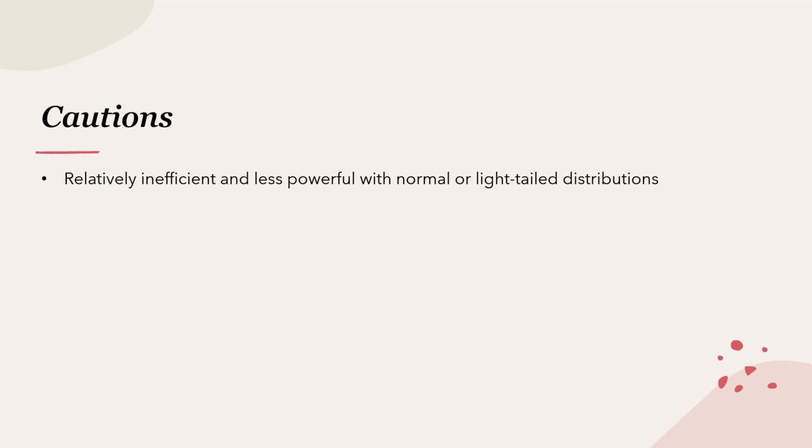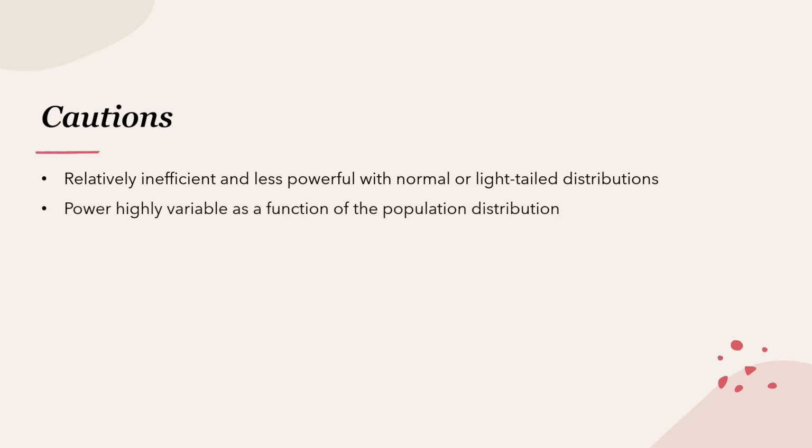But with any light-tailed distribution, that is, anytime we have a distribution in which it's going to be difficult to dichotomize the data, the sign test can become very inefficient. We just saw that the sign test is uniformly most powerful for an arbitrary distribution, but now we're talking about specific shapes of distributions. While the sign test can exhibit good power with heavy-tailed distributions, by contrast, it can have rather weak power with light-tailed distributions.